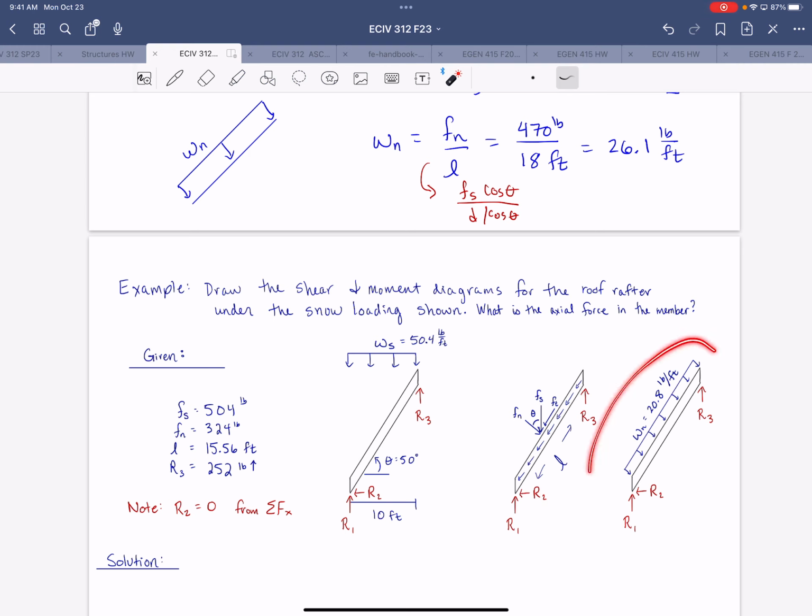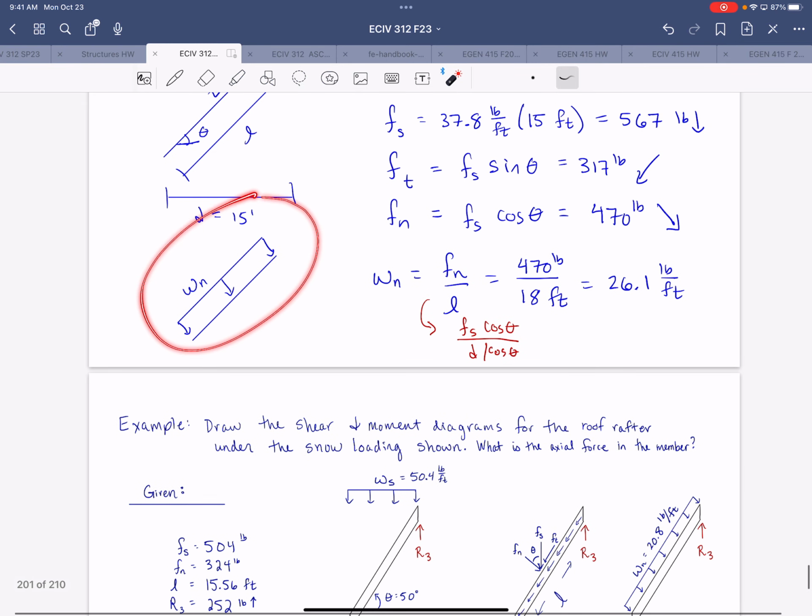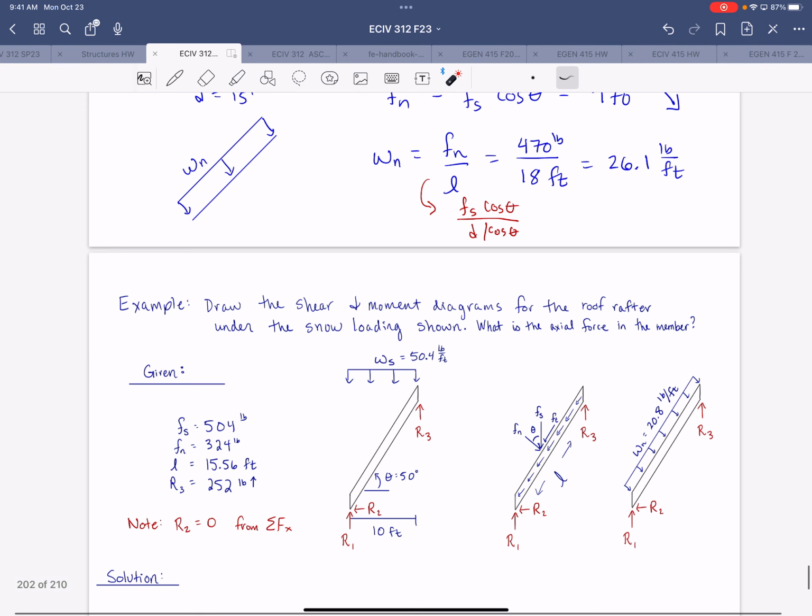But from this point, determining what the transverse load is distributed along the length of the element, you can use that to draw shear and moment diagrams, okay? And then from the tangential component, you can figure out the axial force distribution along the length.